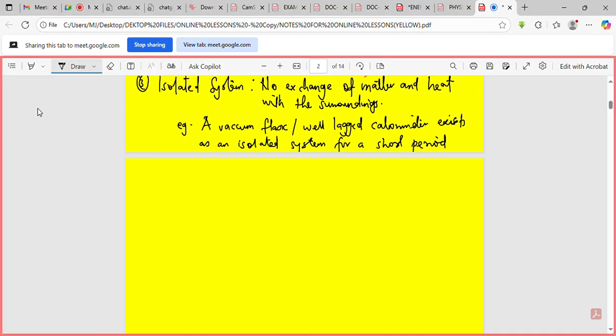We say, and of course, it exists as an isolated system for a short period. We say this because no matter how good your vacuum flask is, when you place water in there and the temperature of the water or the coffee is, let's say, 80 degrees Celsius, yes, it will be able to hold the temperature for some time. But you cannot tell me that forever the temperature will still be 80 degrees Celsius.